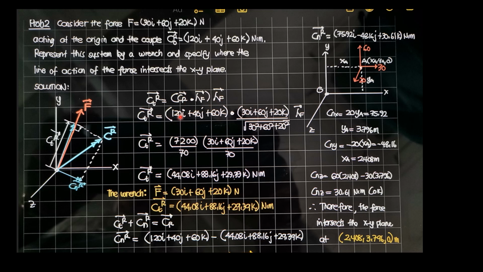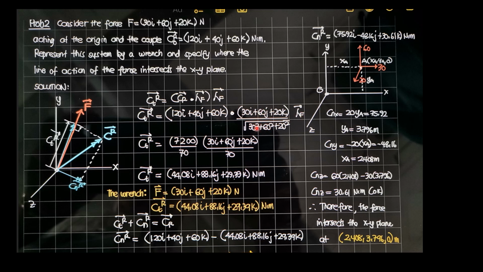So this is C_R about the origin. Then that with the force 30i plus 60j plus 20k over the magnitude of the force, because this is supposed to be the unit vector, times lambda of the force.